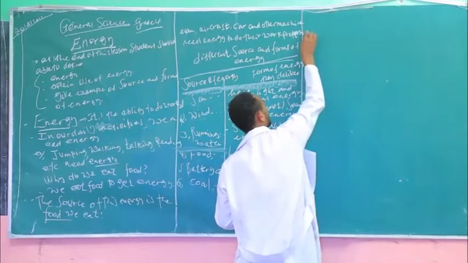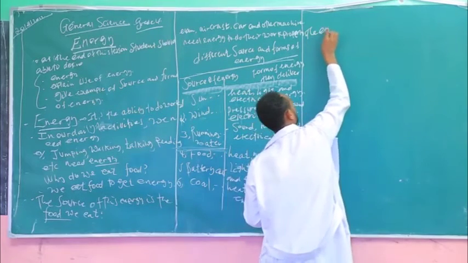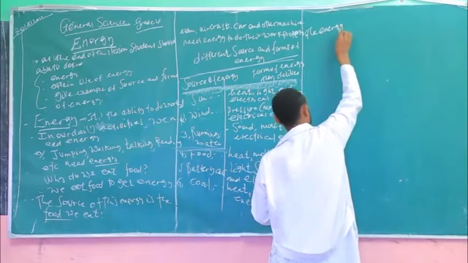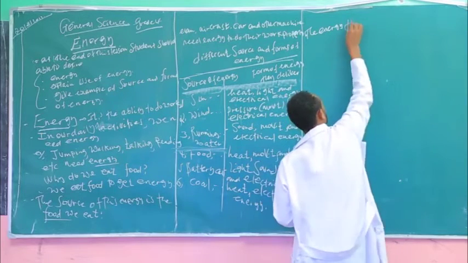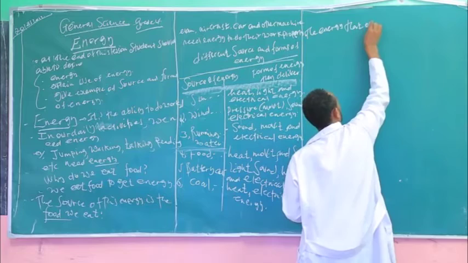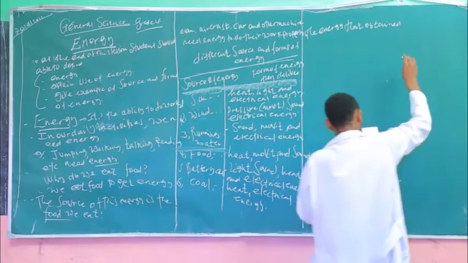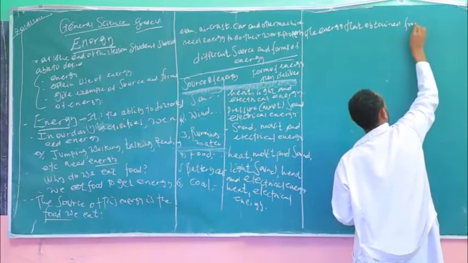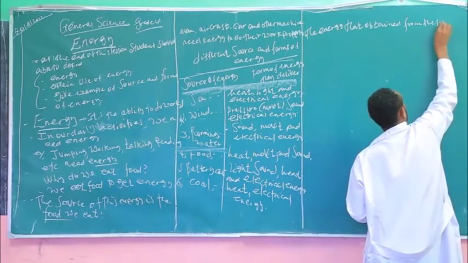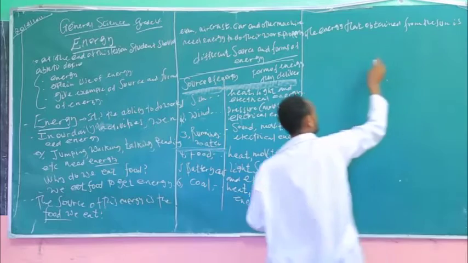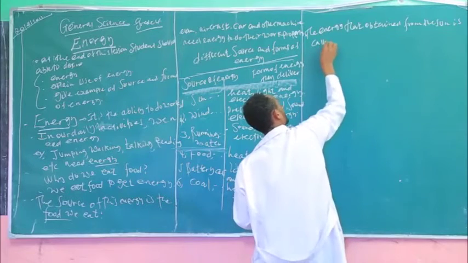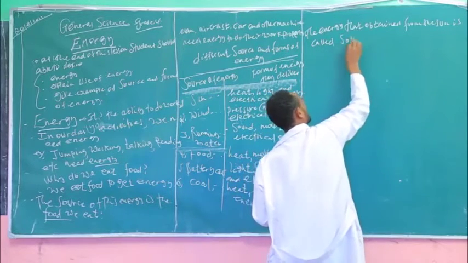So the energy obtained from the sun is called solar energy.